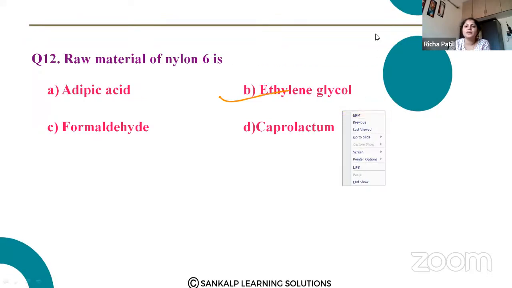So we'll go for the next one. Which is the raw material of nylon 6? That means, which is the monomer?